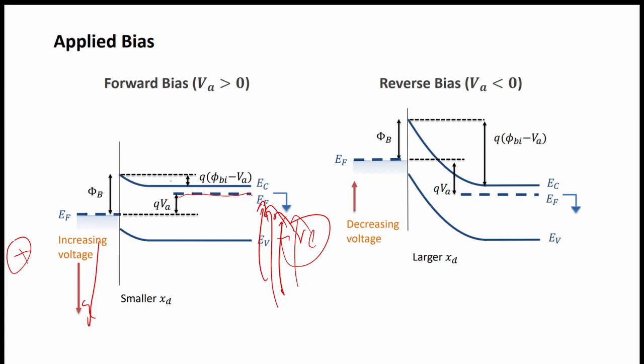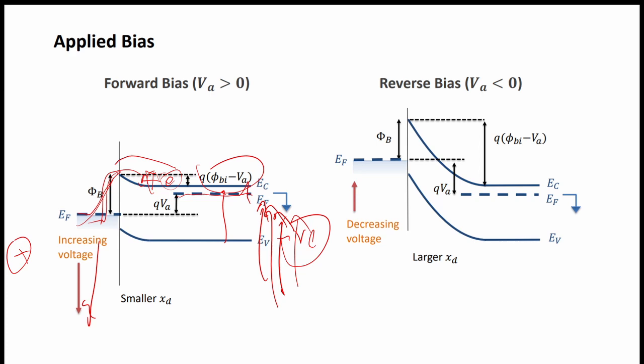Now the barrier for electrons, qVbi, is reduced to q(Vbi minus VA), where VA is the applied potential. So the height of the hill is reduced for the electrons, so electrons can move easily, and here they will find a kind of well, so they can easily jump over this hill. A huge current will flow through the device when we apply a forward bias.